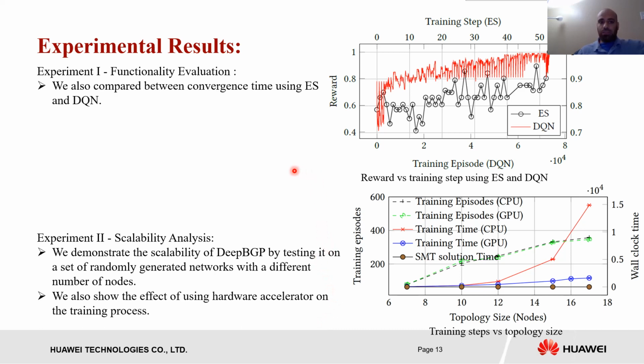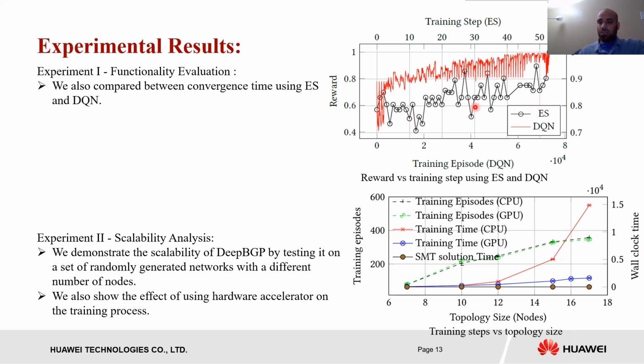In another experiment, we compared the results between using evolution strategy and deep Q learning, as an example of deep reinforcement learning.